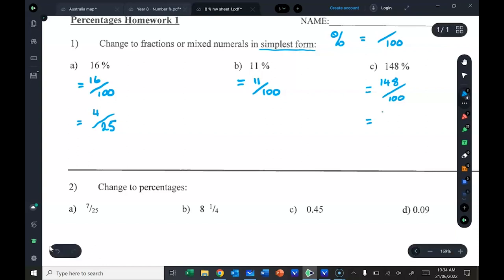That one would be 74 over 50. Then I can see I've got two even numbers again, so I could shrink that one again, and I'd end up with 37 over 25.